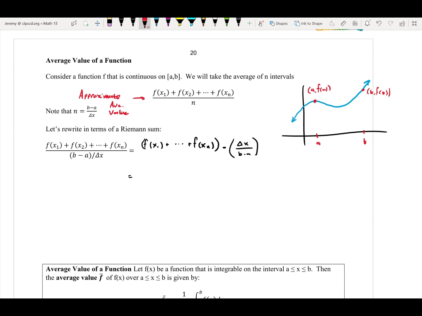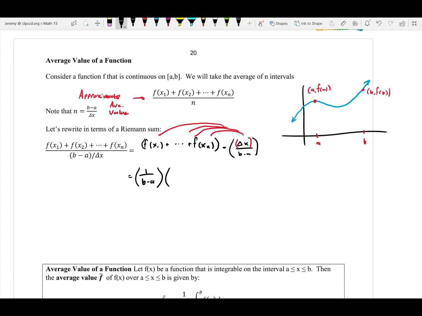I want to distribute this delta x into every term in the numerator, and then the 1 over b minus a, I'm going to bring out in front.